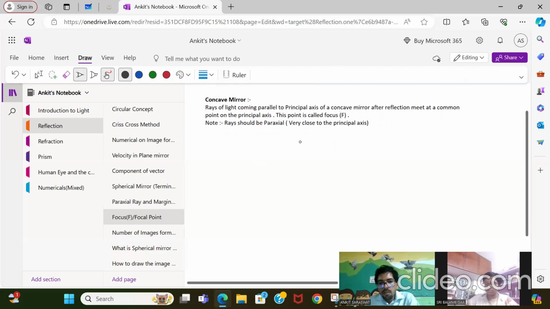For example, this is the concave mirror. This surface is polished, and this is the straight line I have drawn here. This is the pole. The center of curvature will be here.